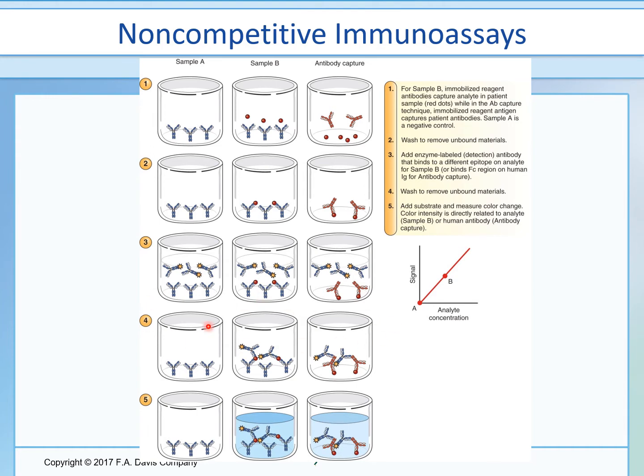A second wash step occurs after the addition of the enzyme-labeled antibody. Once a substrate is added and measured, a color change is observed. So the color intensity is directly related to the analyte, or human antibody, as depicted in the antibody capture method.